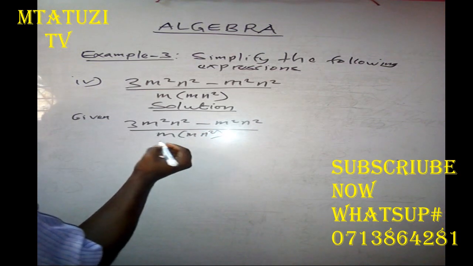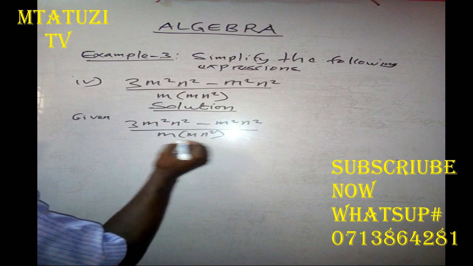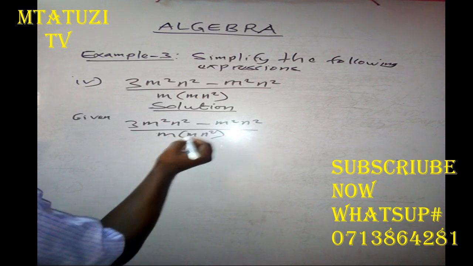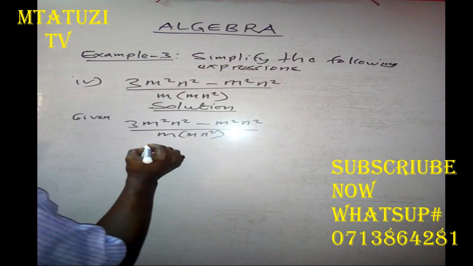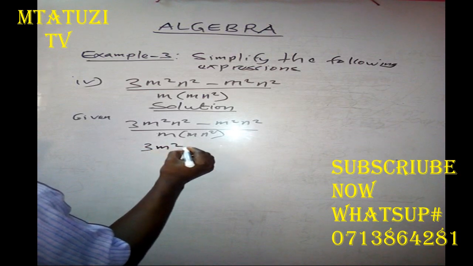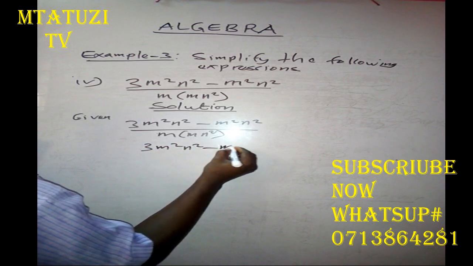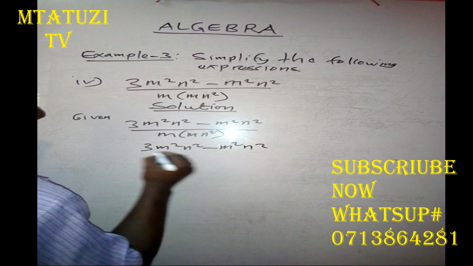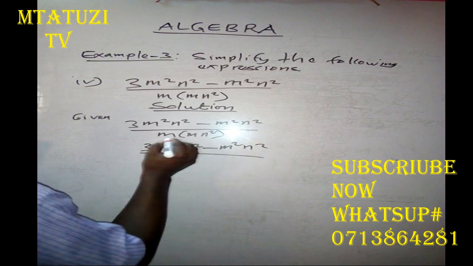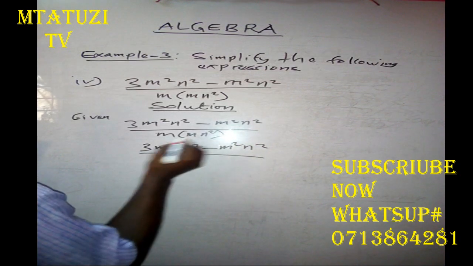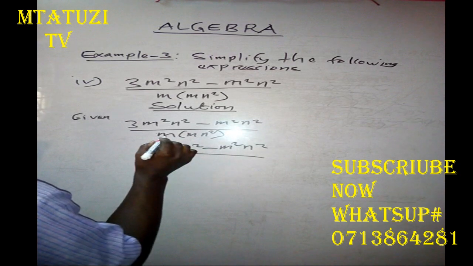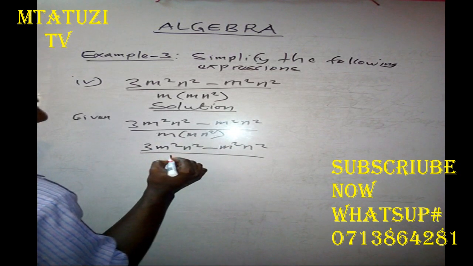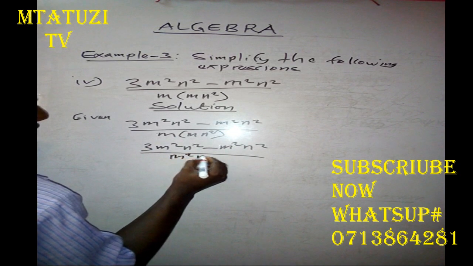First of all, let's open the bracket on the downward term. So 3m square n square minus m square n square over, open the bracket by multiplying m by m, so you have m times m, m square, times n square.